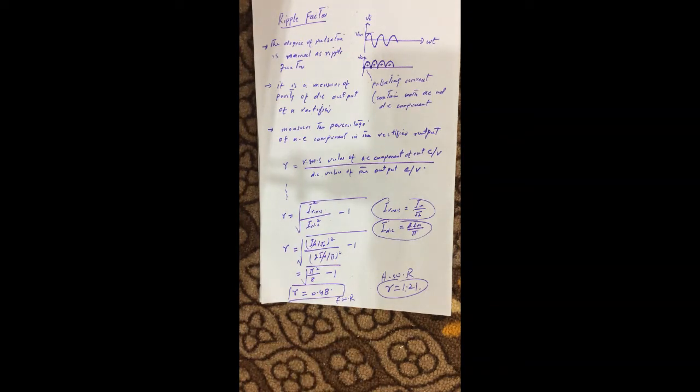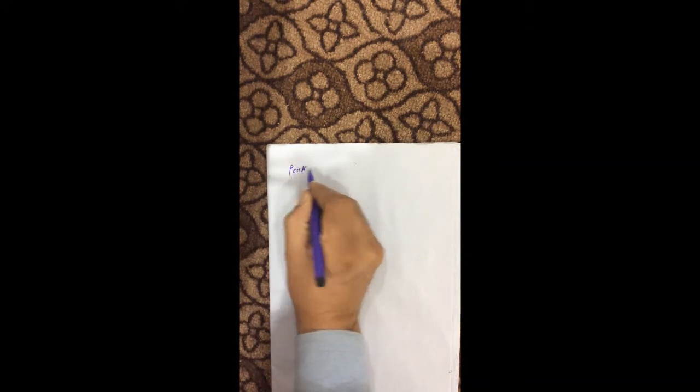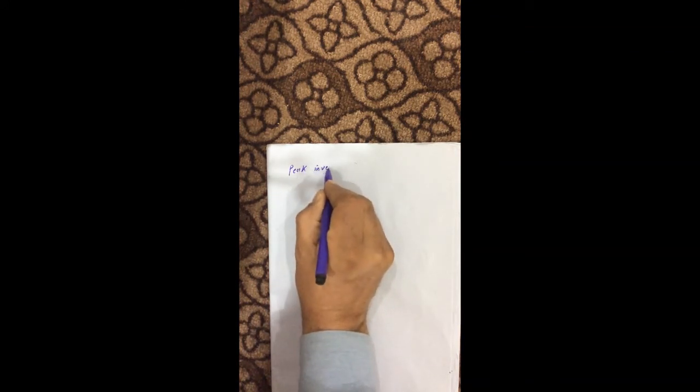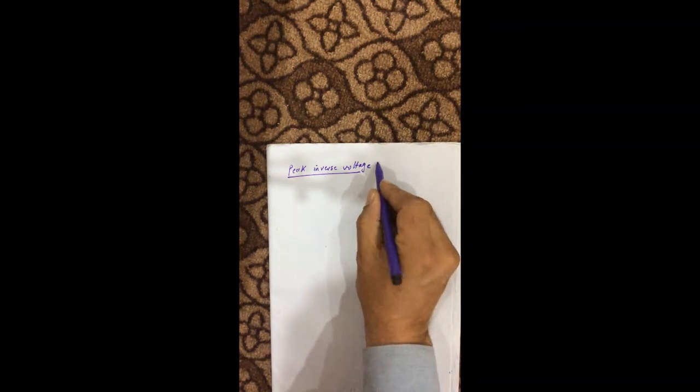Now we have the final subtopic of the full wave rectifier, which is peak inverse voltage. We can represent it by PIV, peak inverse voltage.